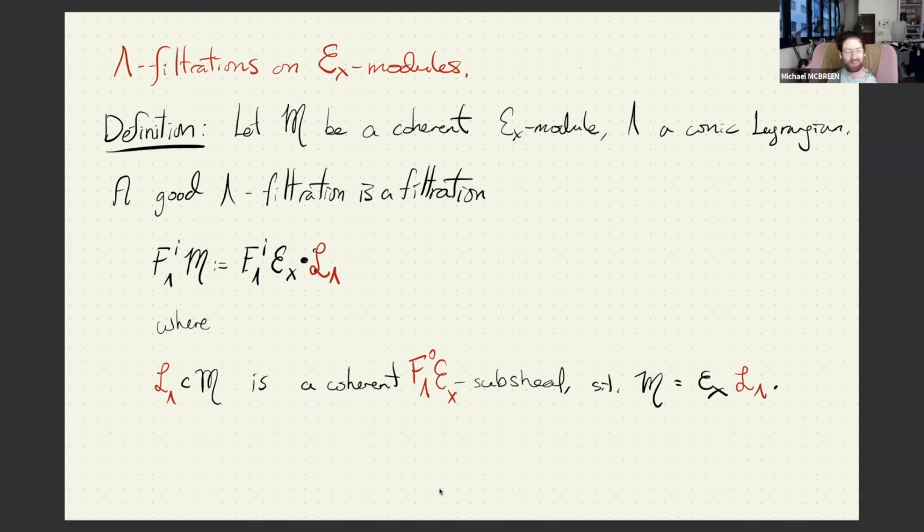This is some old-fashioned notation, but is basically a filtration which is compatible with the lambda filtration on differential operators, and which is sort of good in the same sense that our order filtrations on modules were good, meaning it's basically generated by some fixed lattice.